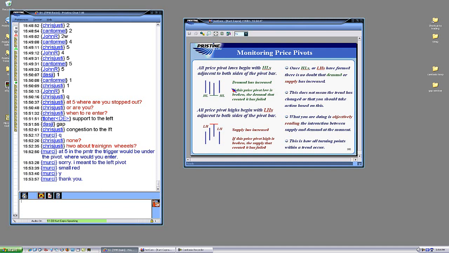When we have higher low bars adjacent to both sides, it tells us demand has increased. If this price pivot low is broken, the demand that created this reference point has failed. It tells us that supply is increasing.